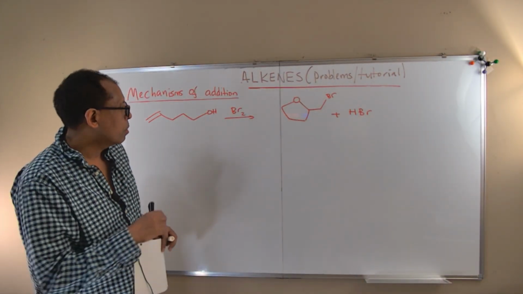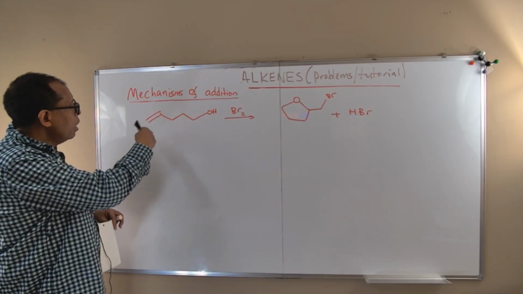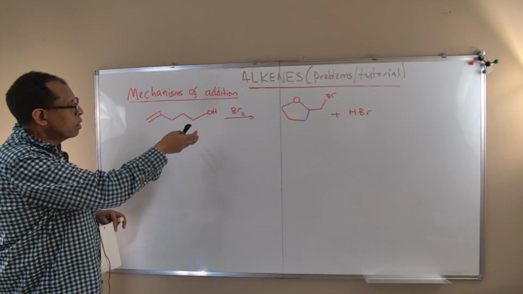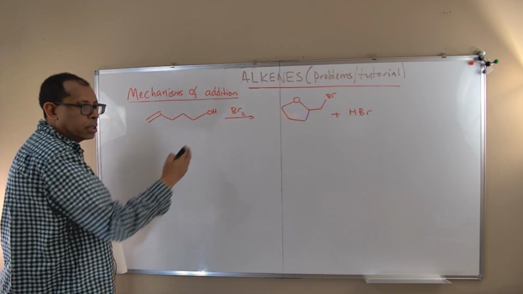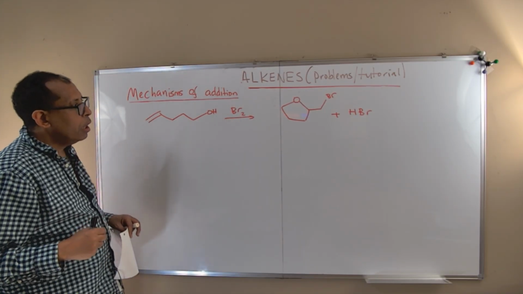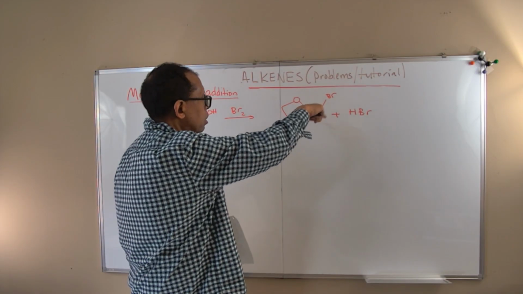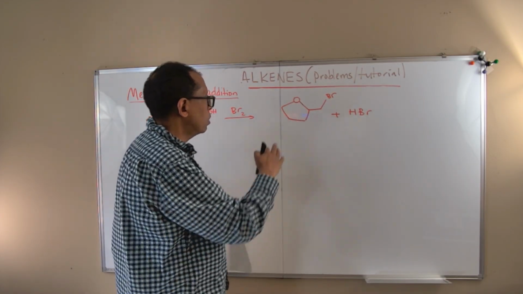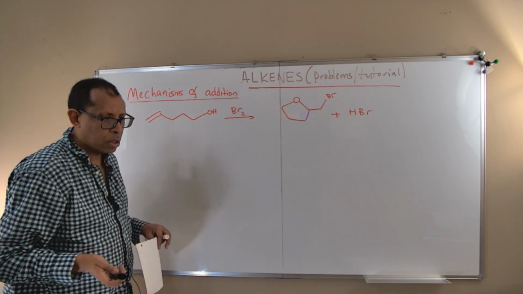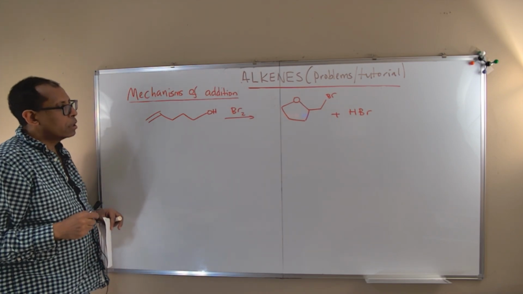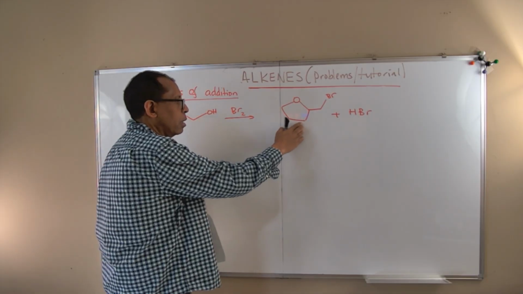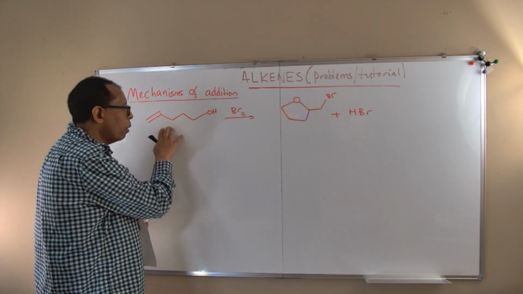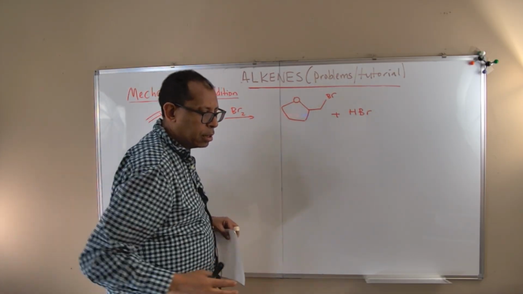As you see here, I have an enol, meaning an alcohol and also an alkene, and it's treated with bromine. You get the cyclic ether, so it's basically a bromoetherification reaction. But how do you get that mechanistically, from an open chain to a cyclic system?